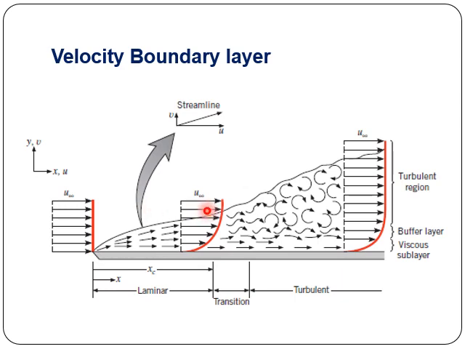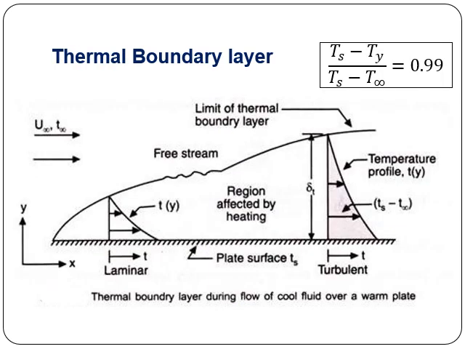So the next thing is the thermal boundary layer. What is that? Let us again consider a hot plate over which there is flow of fluid, and let us assume that the difference between the temperature of the plate and the fluid is 100 degrees Celsius.